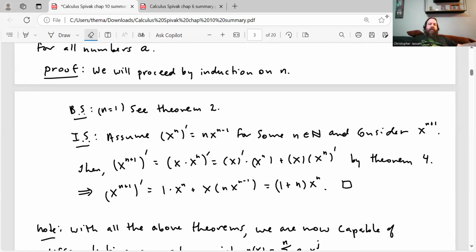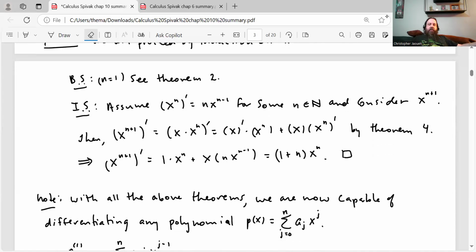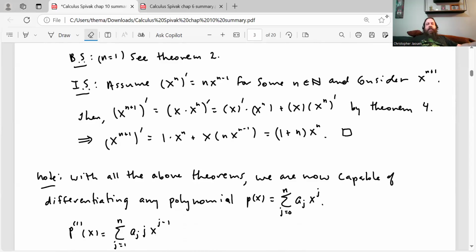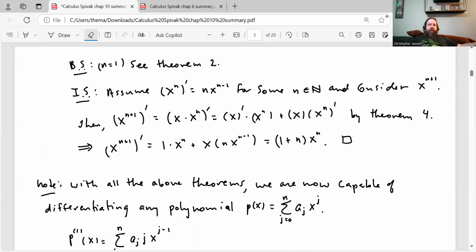That implies the derivative of x to the n plus 1 is 1 times x to the n plus x times n times x to the n minus 1, and if you simplify and factor out the GCF, you get n plus 1 times x to the n. So that shows that the theorem holds for all natural numbers.